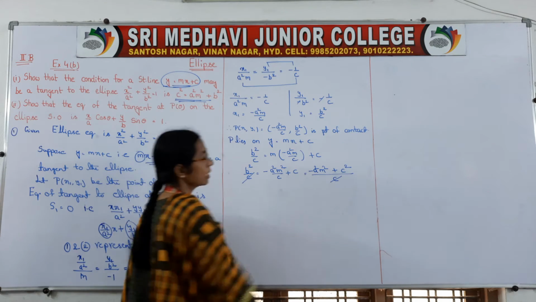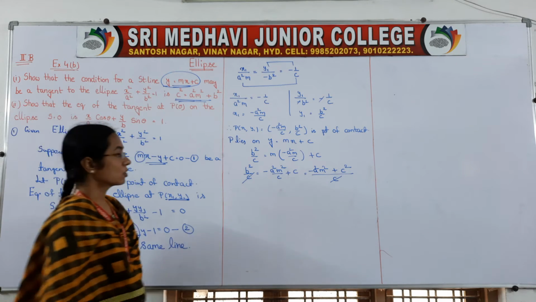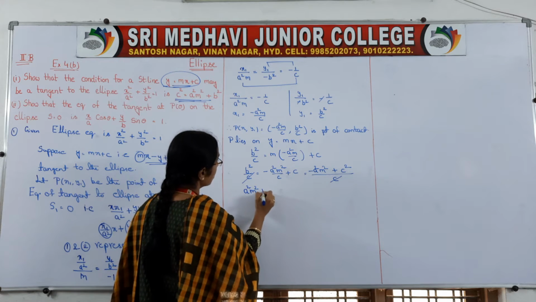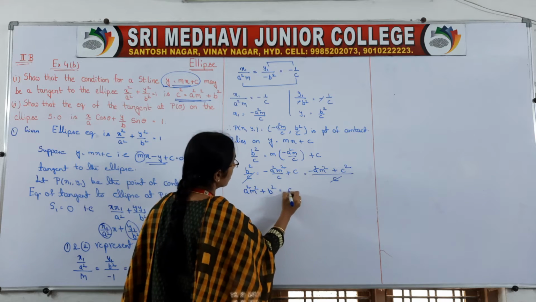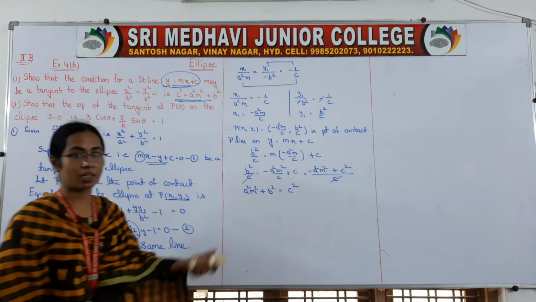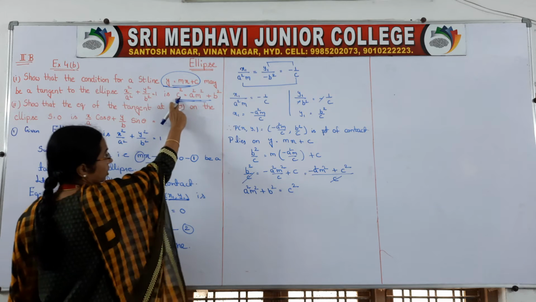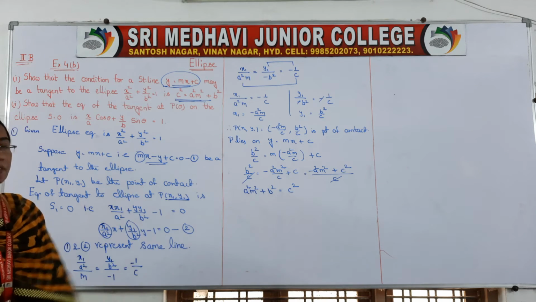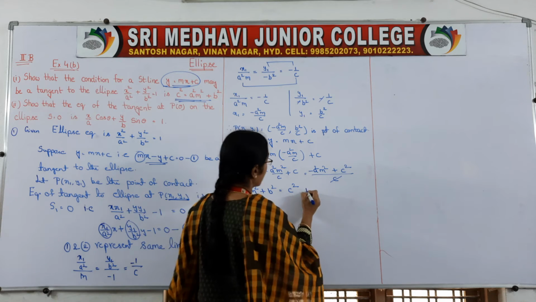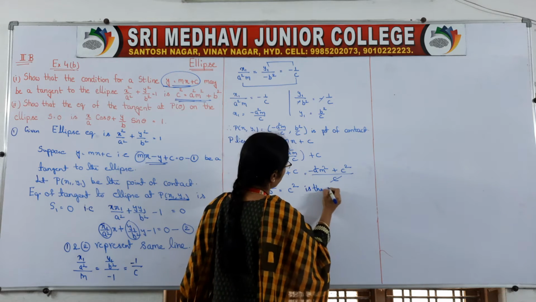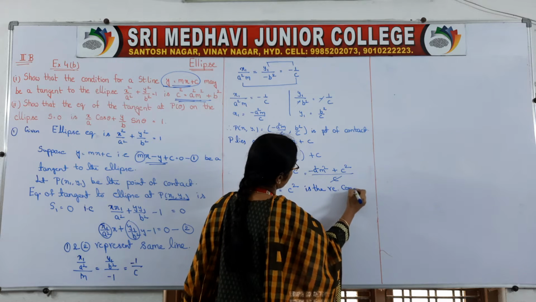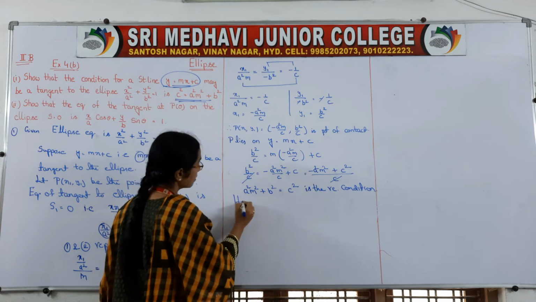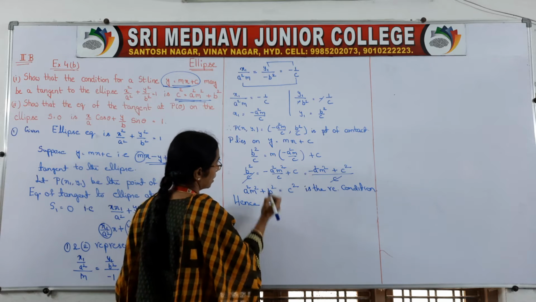The c cancels. So bring that value this side, it is a square m square plus b square is equal to c square. That is what we have to prove. Prove that c square is equal to a square m square plus b square is the required condition. Okay. So this is the show that problem, hence proved, isn't it?